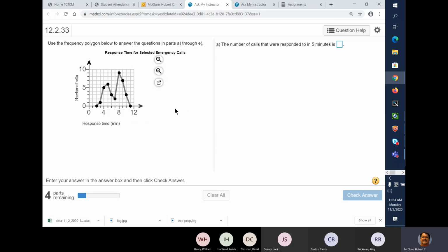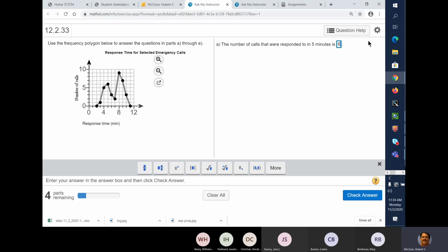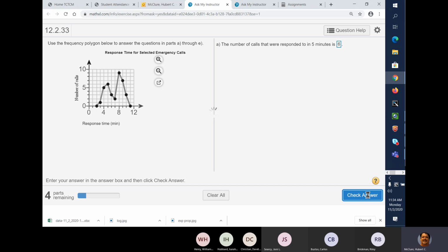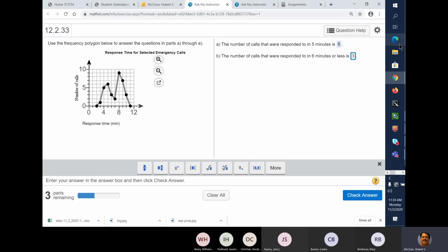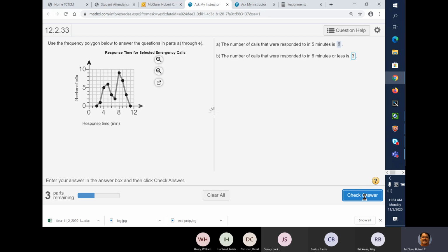Response time, 5 minutes. 1, 2, 3, 4, 5, 6. 6 minutes. 6 is right here. 4, 5, 6. 1, 2, 3. All you're doing is finding points on a graph.